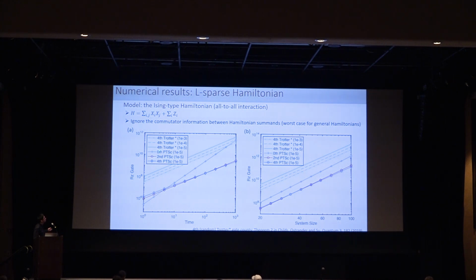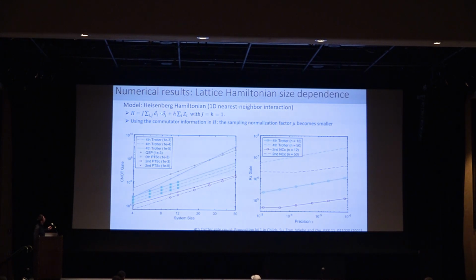And for the zeroth order, the no-Trotter type of random sampling, you will have a very small overhead, but the time dependence is not good. But for the second order or fourth order Trotter, you can have a great time dependence. So this will be suitable for long time dynamics simulation. And we also consider the Hamiltonian with nearly stable coupling.